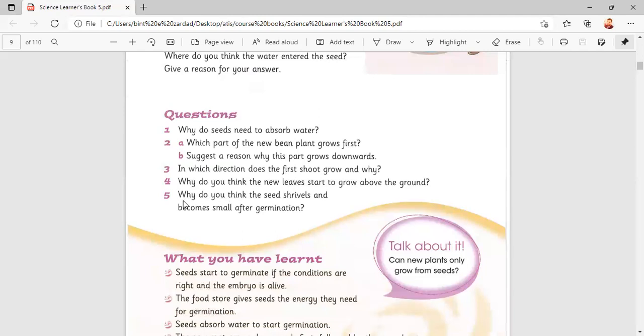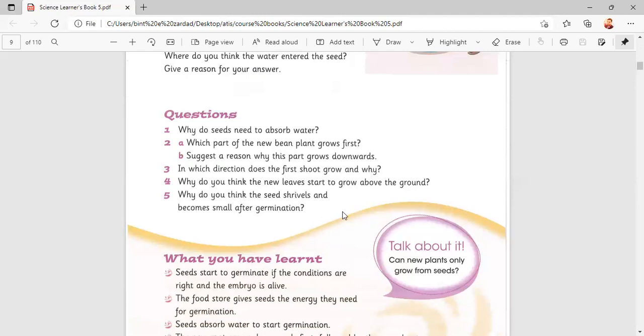Question number 5. Why do you think the seed shrivels and becomes smaller after germination? The seed shrivels and becomes small because the food store gets used up during germination.